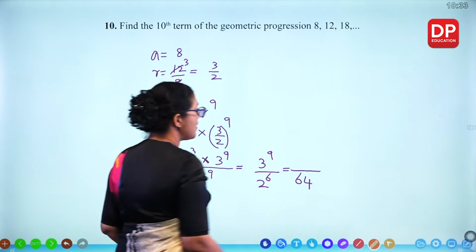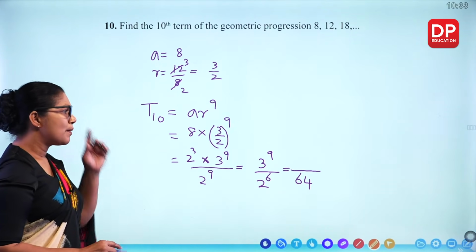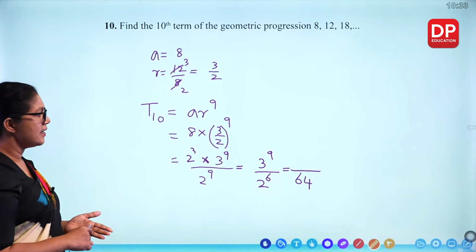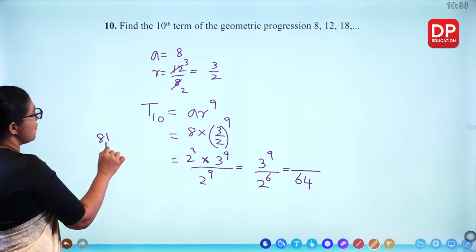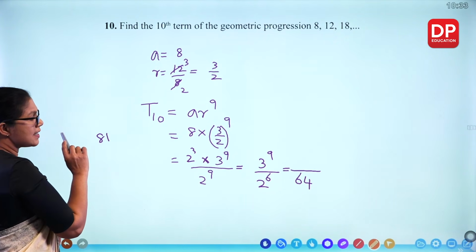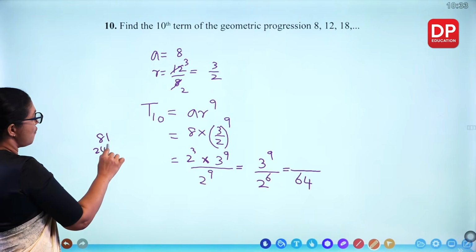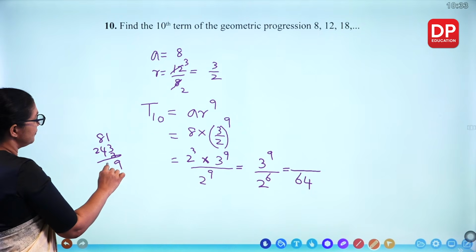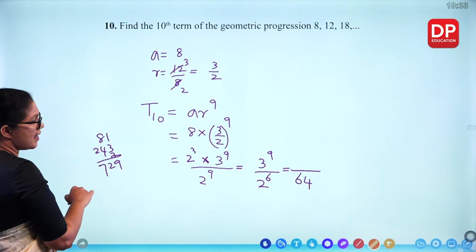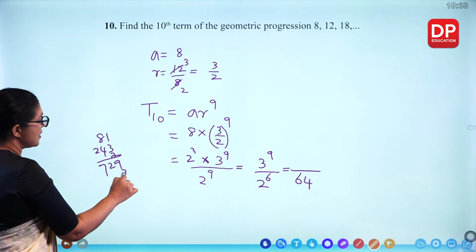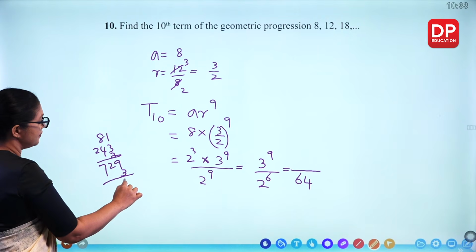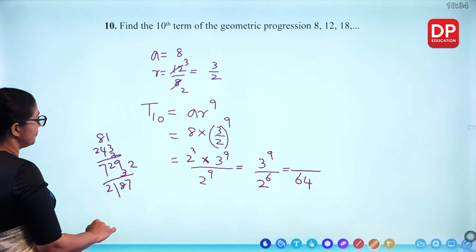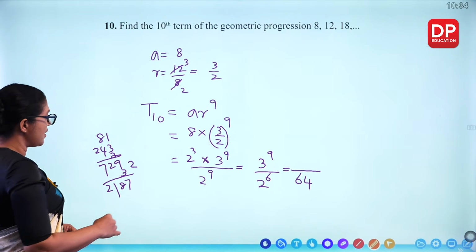What is 3 to the power 9? 3 to the power 4 is 81, so 3 to the power 5 is 243. Again multiply by 3, you get 729. 729 multiplied by 3 is 2187.